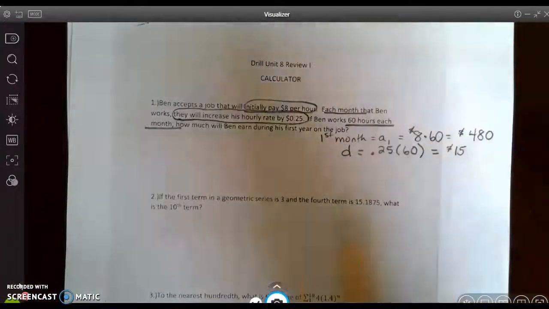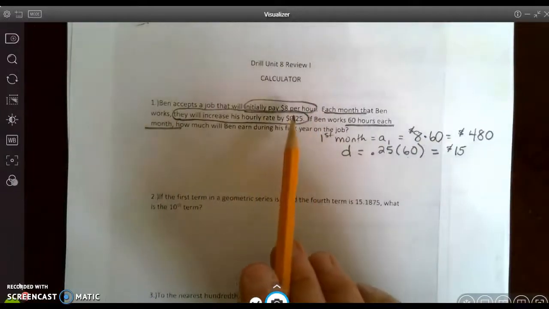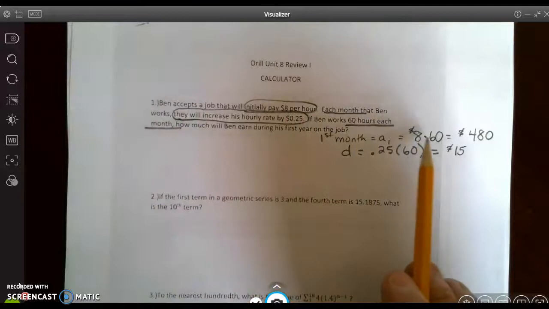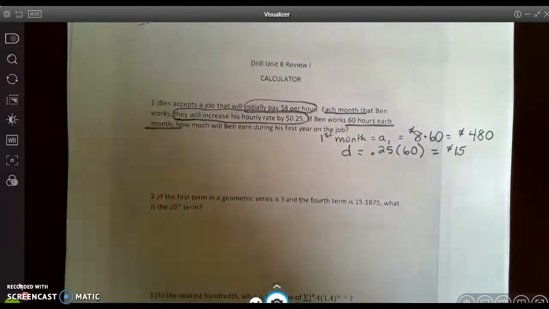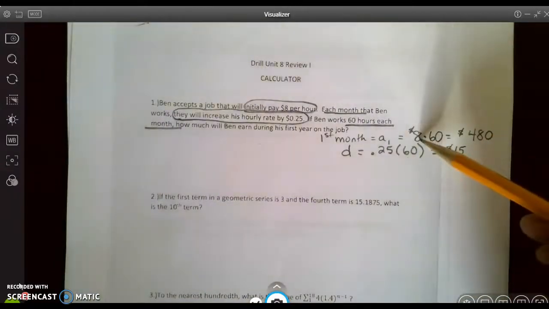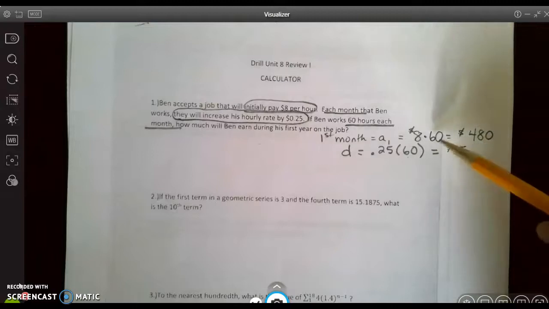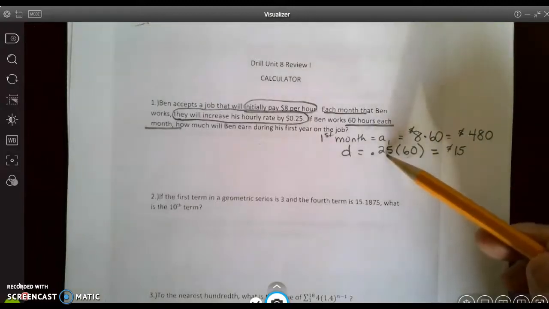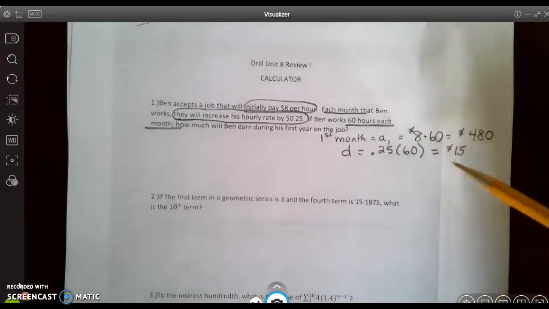So this is an interesting problem because it's his rate that's changing, so you have to multiply it by the total hours. You don't want to say he earns $8 the first month and he gets an extra 25 cents the second month. It's $8 an hour, so 8 times 60, and it's 25 cents an hour, so it's 25 cents times 60.